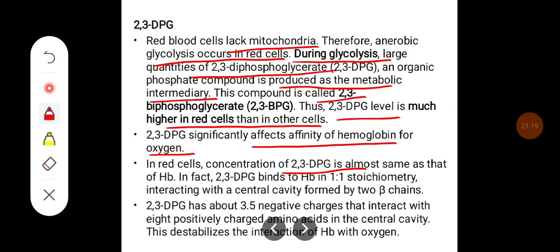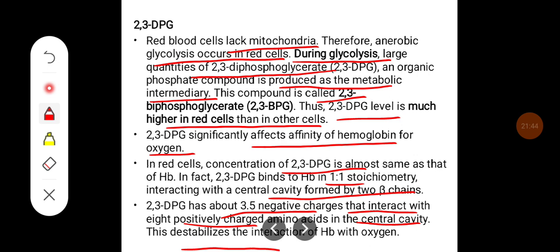In fact, 2,3-DPG binds to hemoglobin in 1:1 stoichiometry, interacting with the central cavity formed by two beta chains. 2,3-DPG has about 3.5 negative charges that interact with the 8 positively charged amino acids in the central cavity.